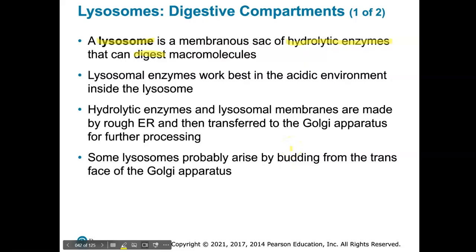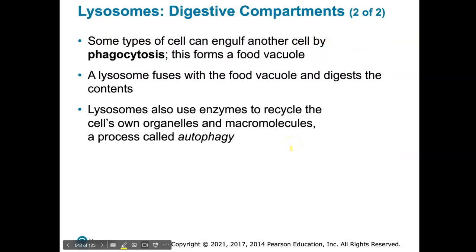And then what a lysosome can now do is, let's say that you have a cell in your digestive tract that has engulfed a food vacuole. Well, it's just a large sac that contains food that you just ate. So a food vacuole is inside of this cell.